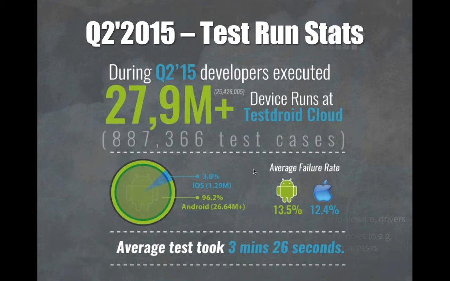We saw about 300,000 more iOS test runs, so that's definitely increasing. Android, of course, is the main platform. There are a lot of devices we host, so there are obviously devices to try out. We still have an average test time of about 3 minutes 26 seconds.